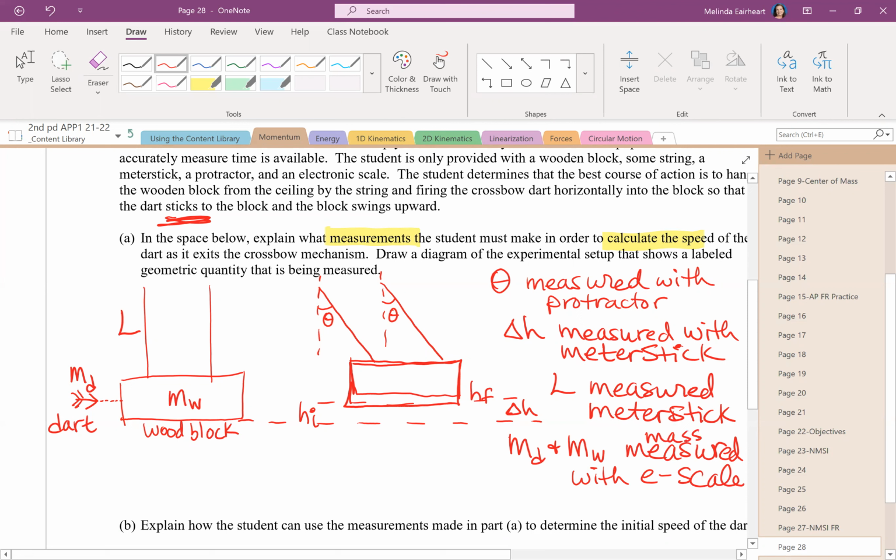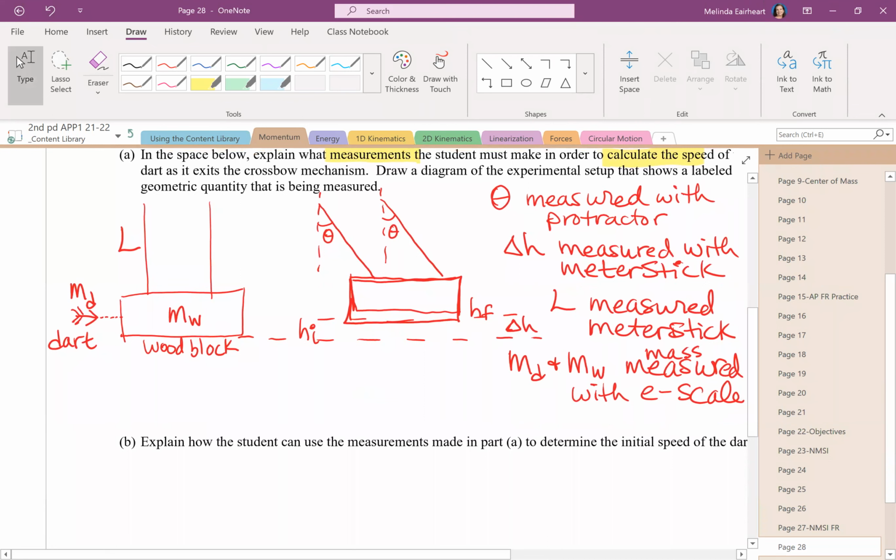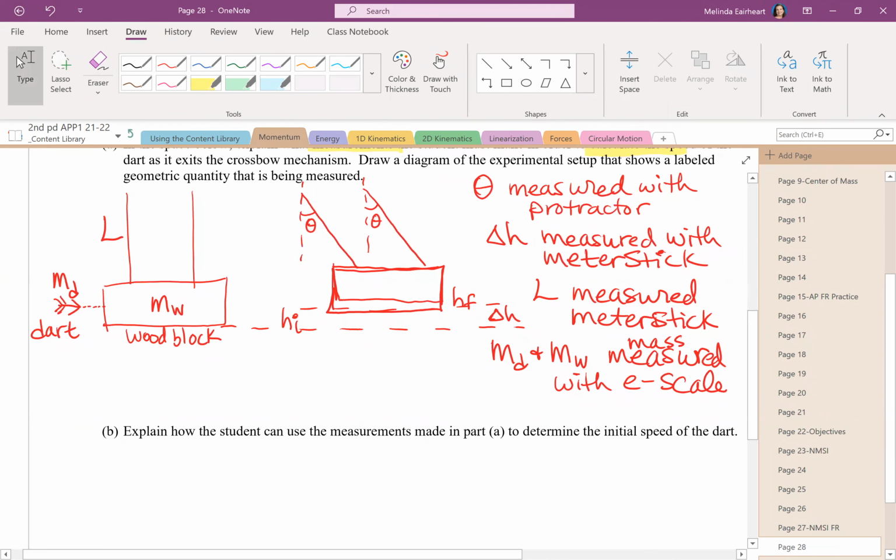Good deal. And we don't have to really explain how we're going to use these measurements in part A. That's actually part B. And so I think that's going to take a little bit more than two. I don't know. Let's see if we can get it started. Do y'all remember the two-step process to finding the speed?